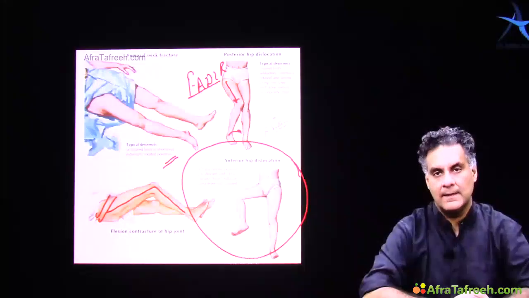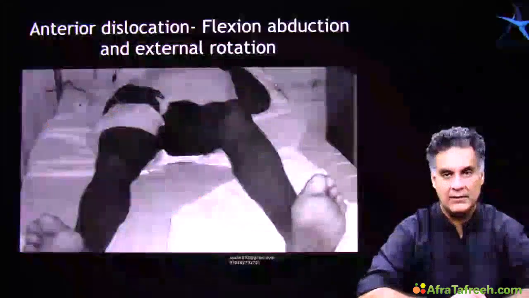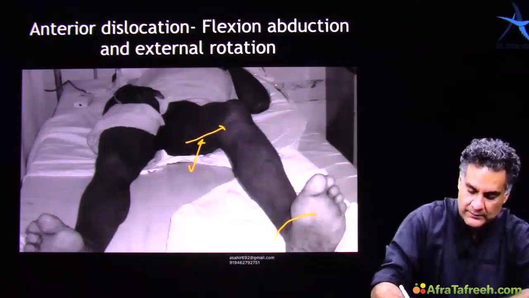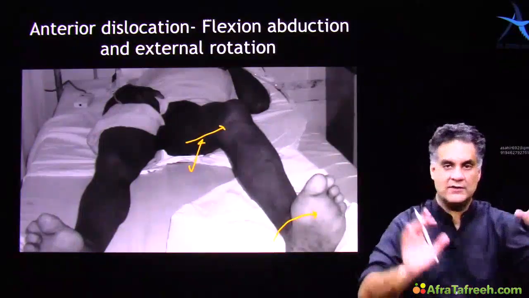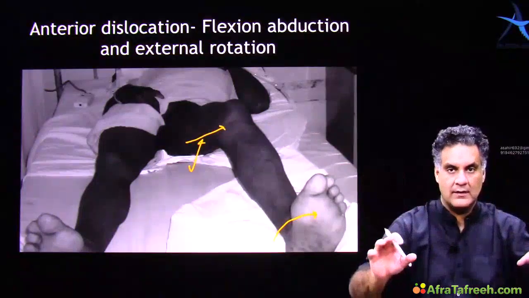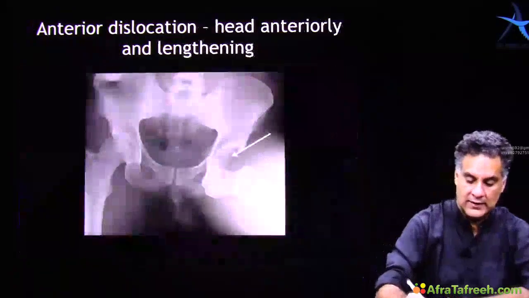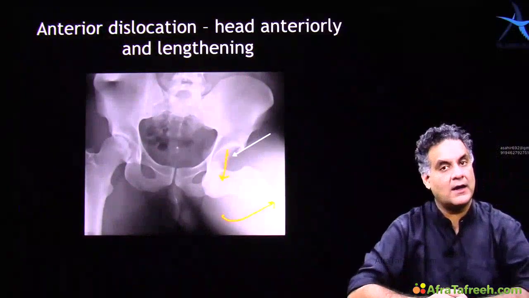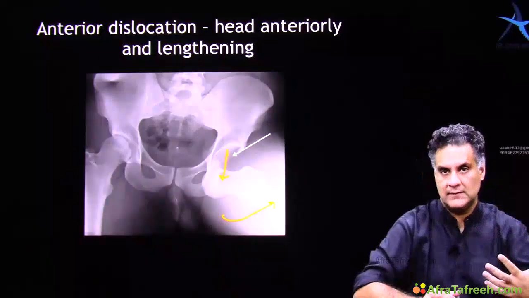And FADIR, flexion, adduction, and internal rotation, is an image that is coming next, very common. So this is FABER, flexion, abduction, external rotation of the lower limb, anterior dislocation. In anterior dislocation, whether it's the shoulder or the hip, the head will be down and the limb will be out. So the head will be below the joint and the limb will be out. So it's called down and out. And in anterior dislocations, upper limb or lower limb, there's a lengthening.